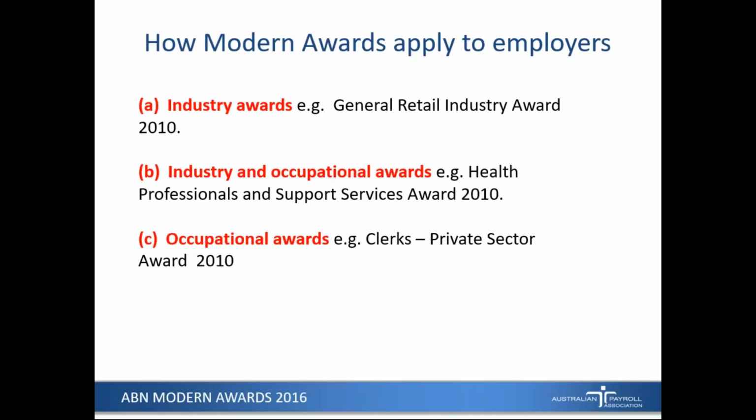For example, I've been told that there's a Telstra 2016 award, and clearly that would be for Telstra employees only, but it is a modern award that would apply to them. So there are some industries that are still in a transitional phase that's probably been going on for a while, and particular organisations will have their own modern award.